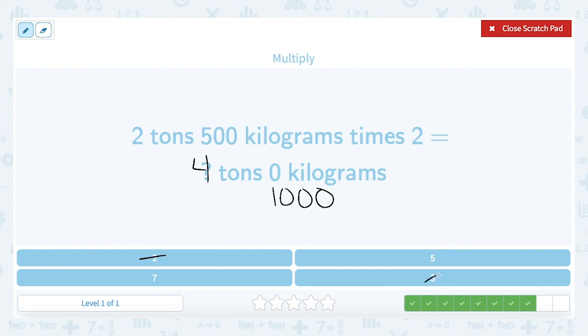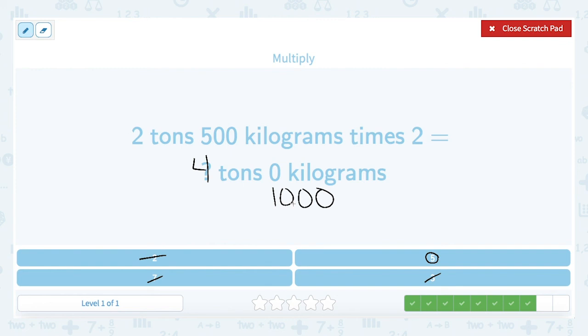It couldn't be 3 because we already have 4 there. And 7, I don't think that 7 makes very much sense because 1,000 can't be divided by 7 evenly and give us 0 left over. I'm going to rule out 7. That means 5 must be the answer.